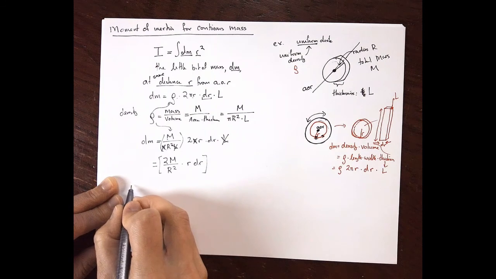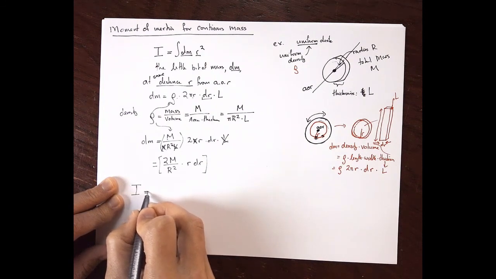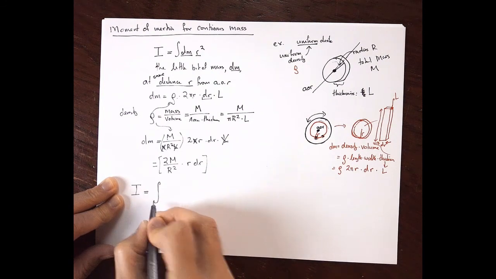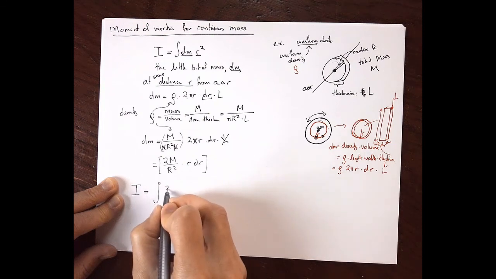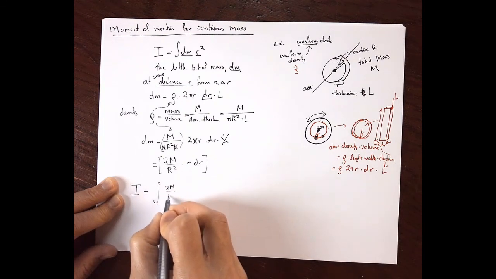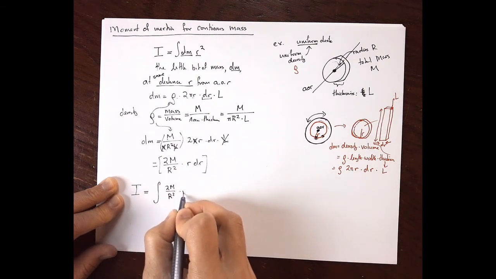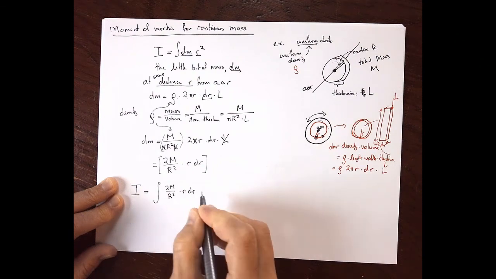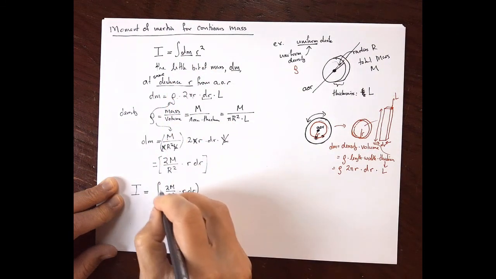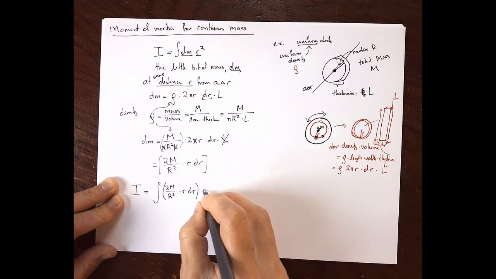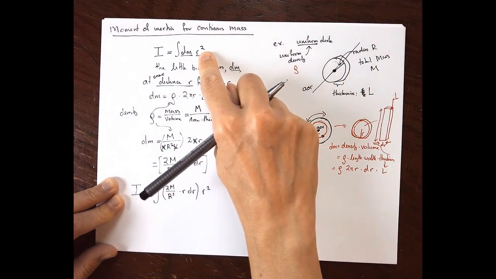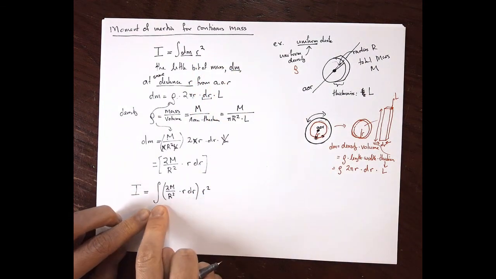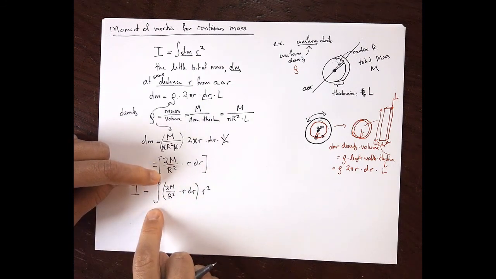So now let's plug it into our moment of inertia equation. So 2 total mass over the total radius squared times little r times dr. That's my dm, times r squared, which is just coming down from the definition. All right, then we have to figure out our integration limits.